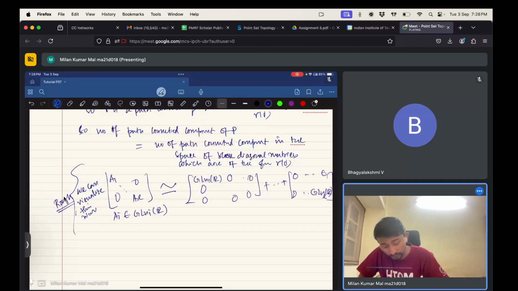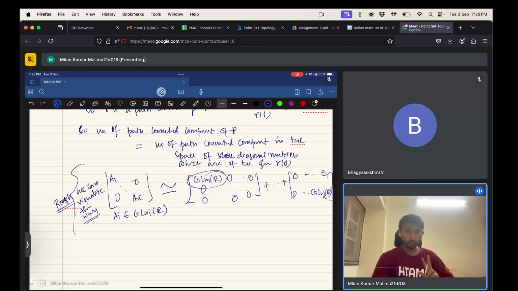So here, this particular GL_{n_1}(R) has two components. Corresponding to each GL_n(R) there will be a component, on the main diagonal element, so there will be two places.